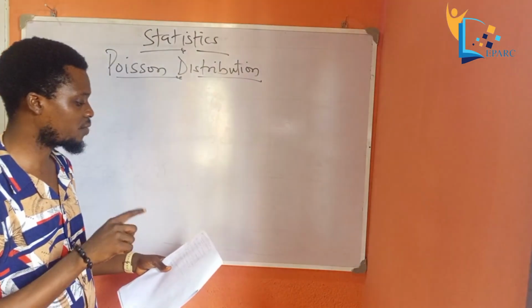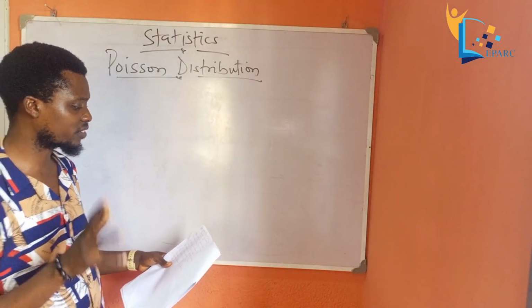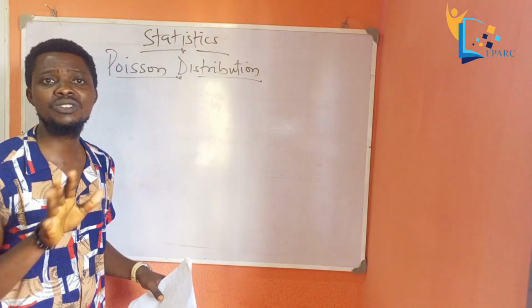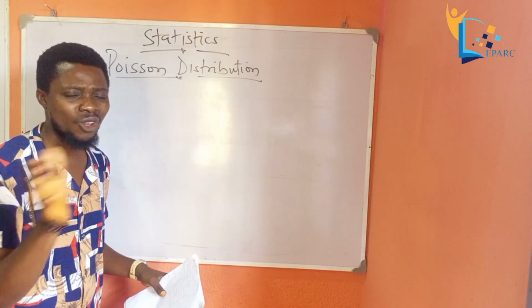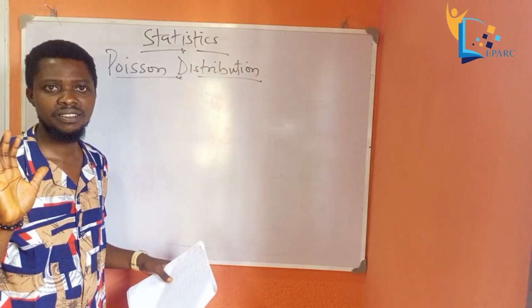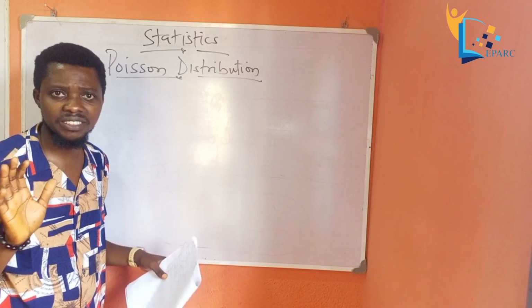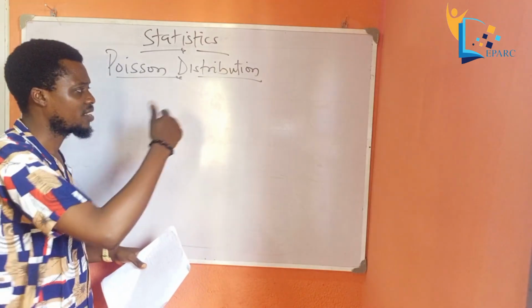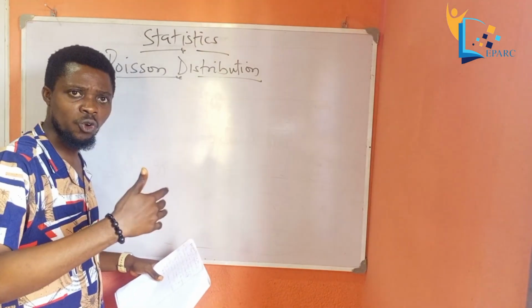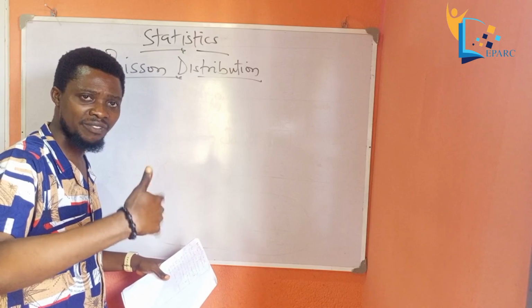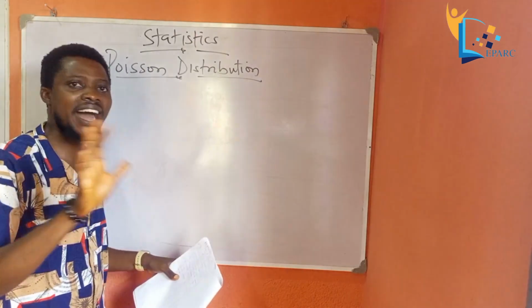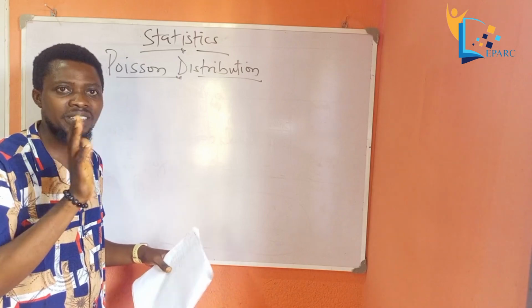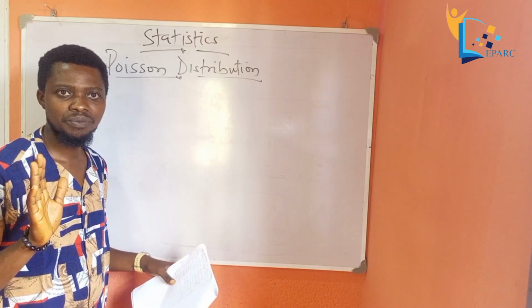Number 1 says the events are independent of location, time, region, or space. What we are trying to see here is that the occurrence of one event does not in any way affect the occurrence of another event. No one is dependent on each other.